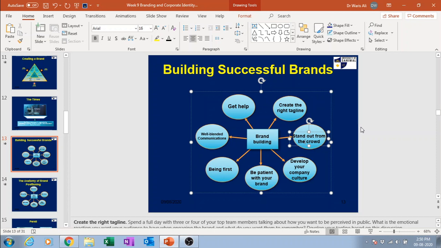Identify the competitors available in the market. Then see how they are positioning their products, how they are portraying themselves, and what kind of image they are offering to their customers. Based on those, you need to design how you can position yourself.